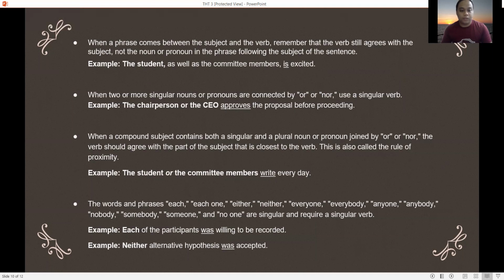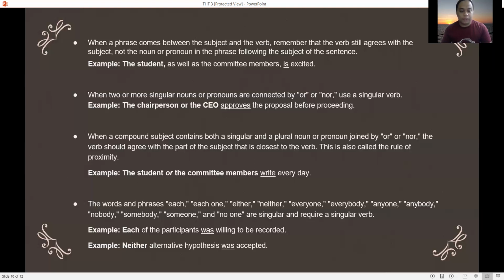As an example, the student or the committee members write every day. The next one, the words and phrases each, one, either, neither, everyone, everybody, anyone, anybody, nobody, somebody, someone, and no one are singular and require a singular verb.